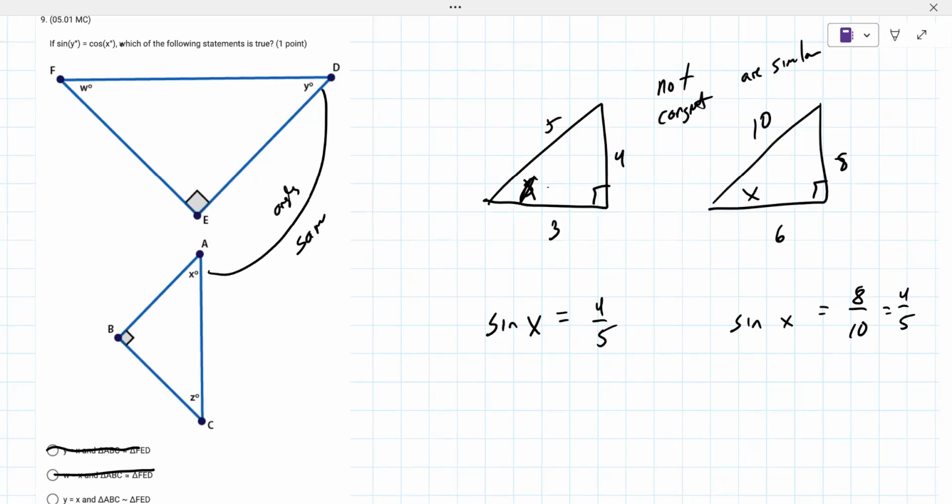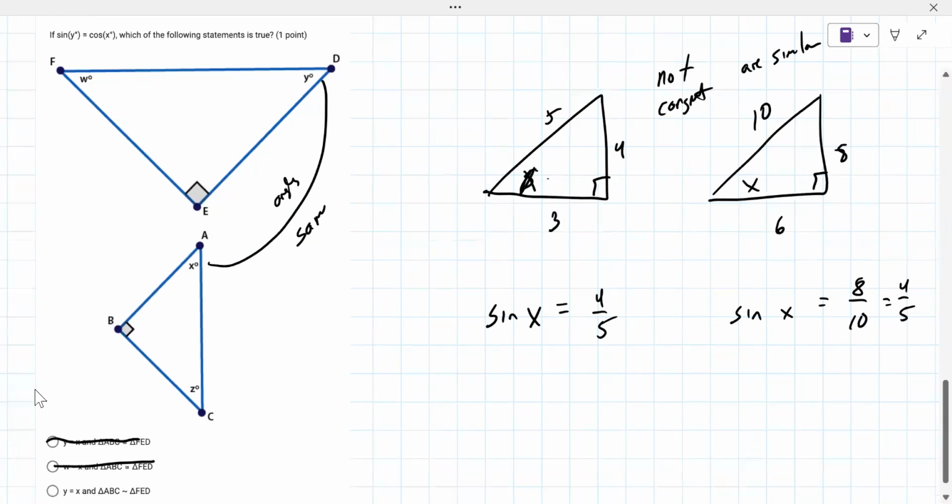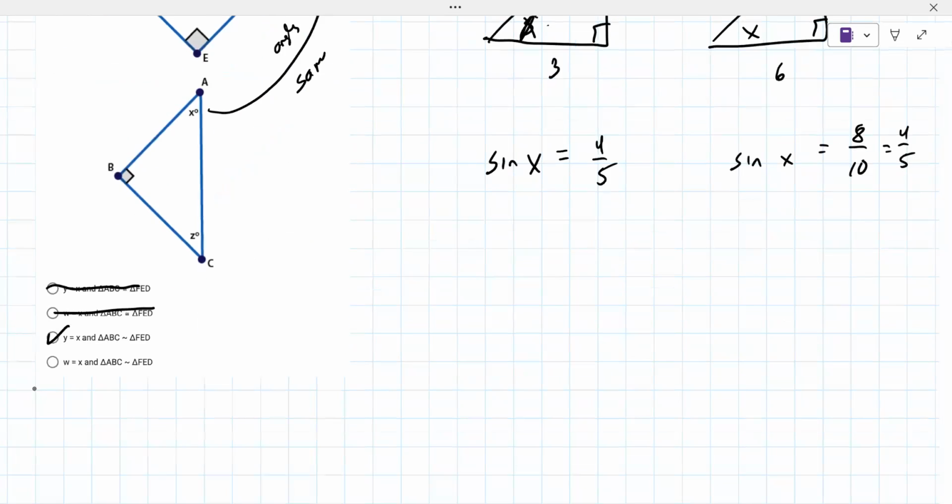So y is the same as angle x, so it'd be number 3. Yes. Sorry, I know sometimes I don't give you the answer. So it's y equals x, and it can't be the first two. The third one is the one that says y equals x.